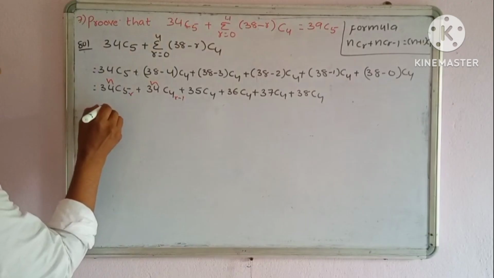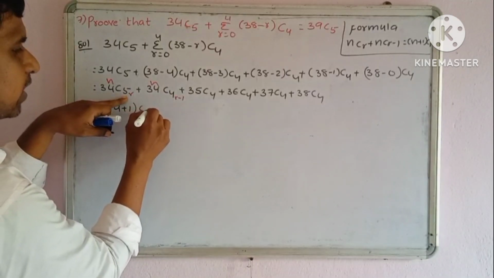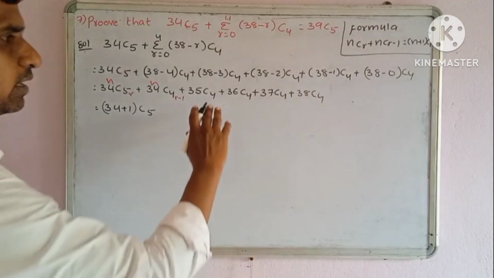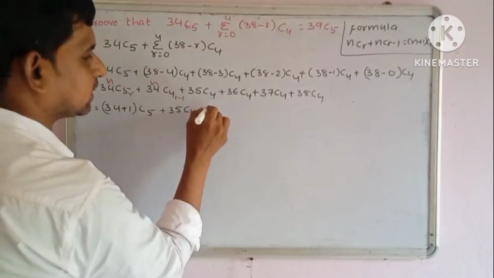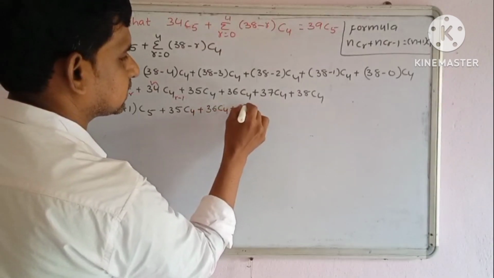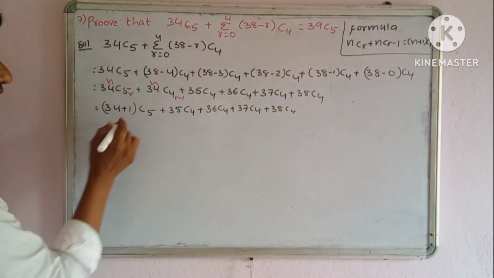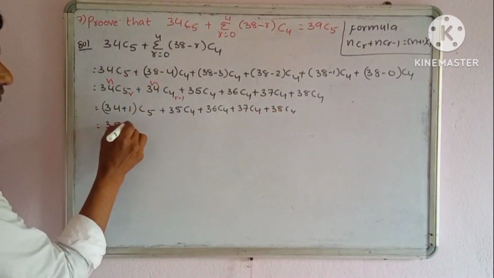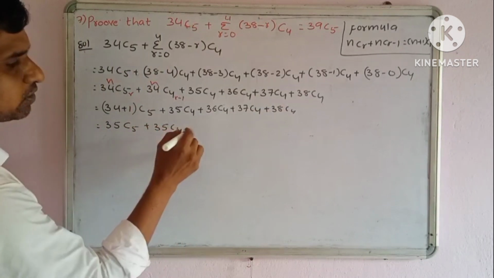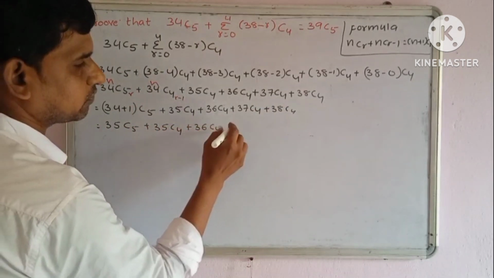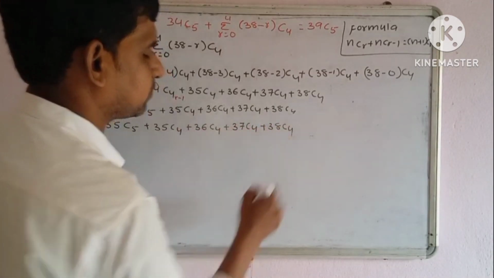So 34 plus 1 C r, with r value 5. The remaining terms stay as they are: 36C4, 37C4, 38C4. 34 plus 1 is 35C5, plus 35C4 plus 36C4 plus 37C4 plus 38C4.